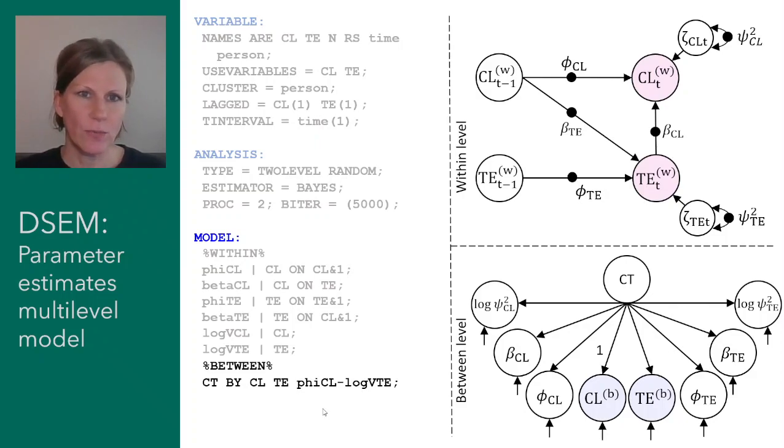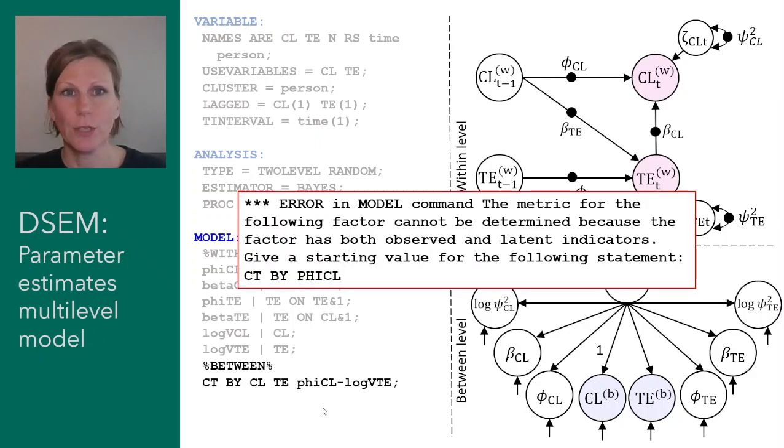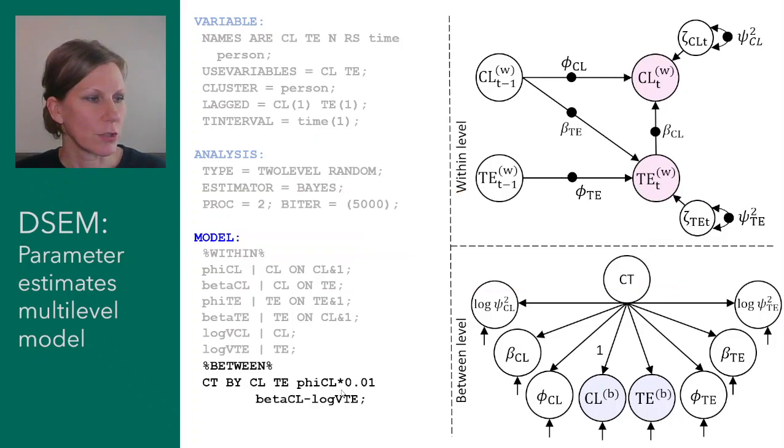However, if I specify this model, what happens is we are going to get an error. And the error implies that we have to give a starting value for the following statement, CT BY phi CL. So it's talking about this one here, the factor loading for this one. So that's this arrow over here in our path diagram. We have to specify a starting value for this. And one way that we can do this is to specify a small value close to 0.